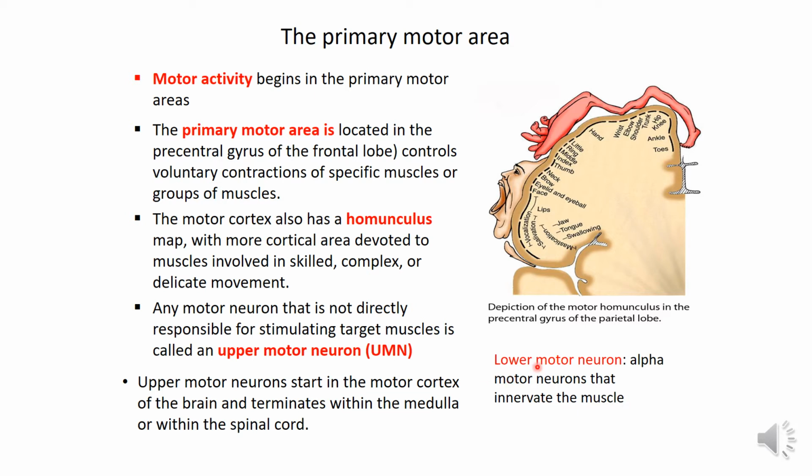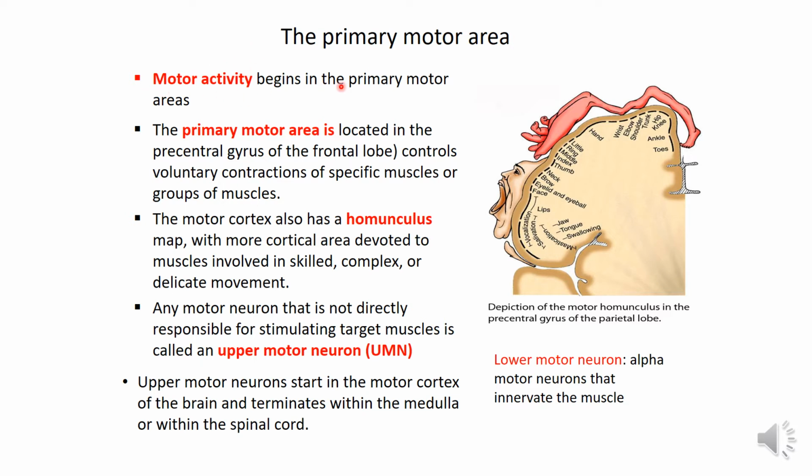The motor neuron, the lower motor neuron, rising from the spinal cord and reaching the muscles of your hand, that is the lower motor neuron. The upper motor neuron is the part which innervates the motor neurons of the spinal cord, bringing the impulses from the higher centers.